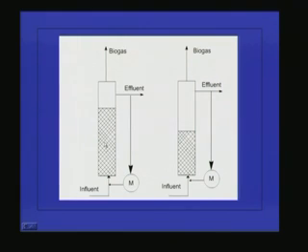The support material will have a high concentration of microorganisms, and the influent will come from the upward direction. From here it will enter and go in this direction, and the influent flow velocity will be very high, so that the medium will be in a fluidized form.